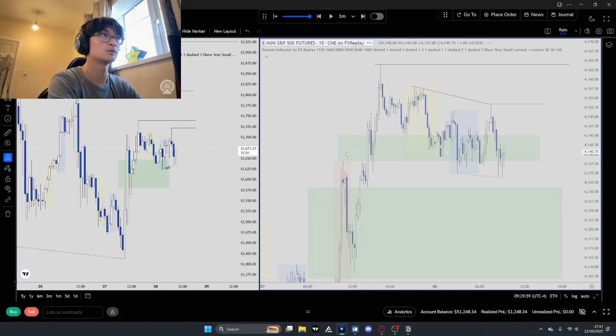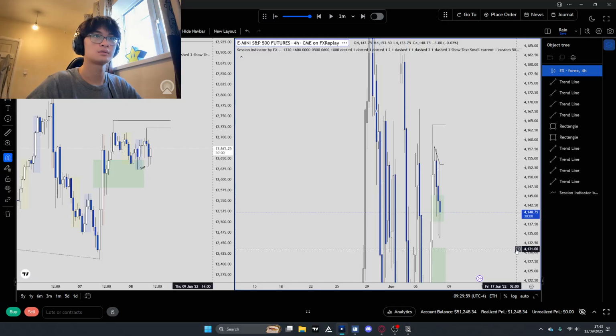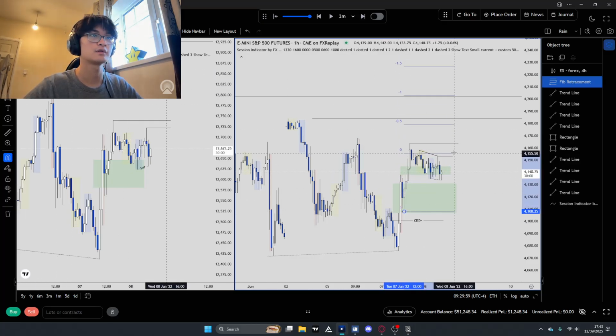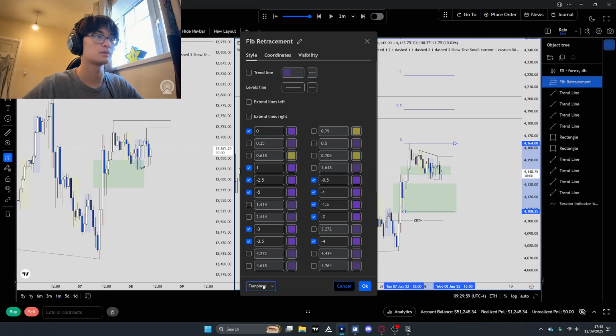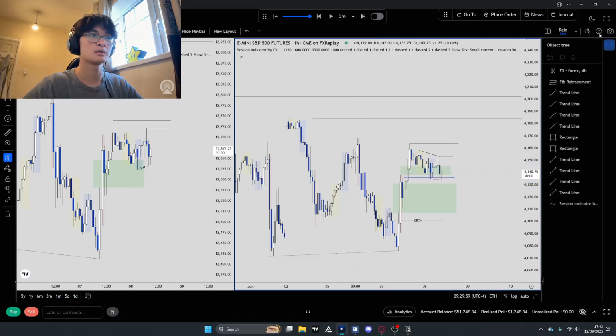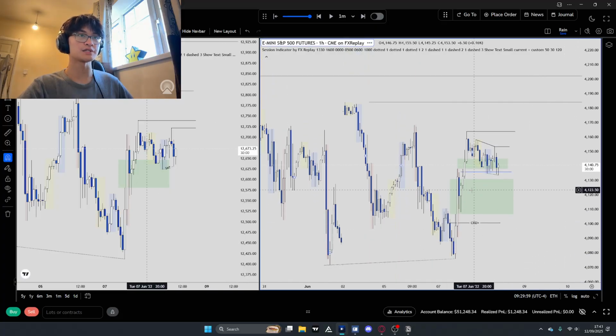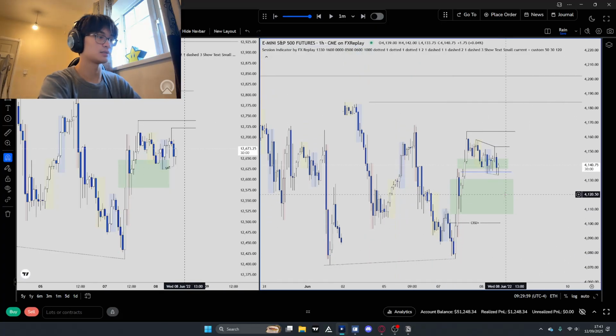Not EQ. Yeah, not EQ. Well, kind of. I guess. Yeah. Okay, EQ on the hourly. Kind of sucks though, because it's a bit, I don't know. I don't like it.